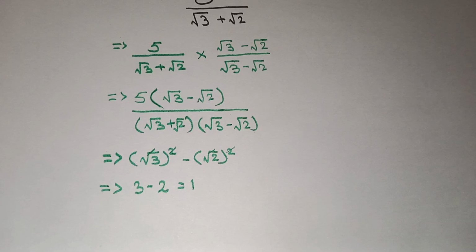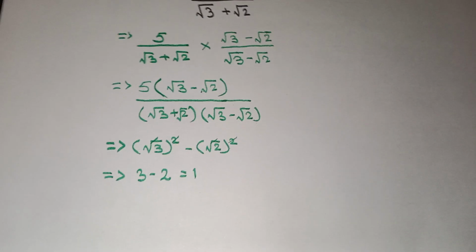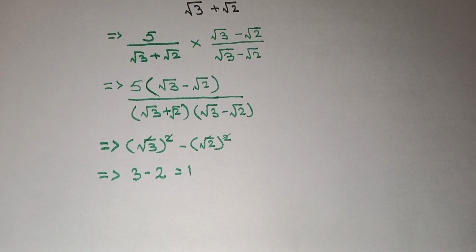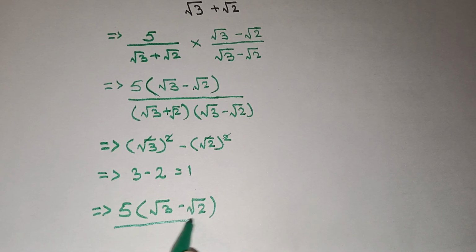Now moving on to the numerator part. The numerator is 5 times (surd 3 minus surd 2), over 1. We actually do not write 1 in exams, but I have written it to make it easy to understand.